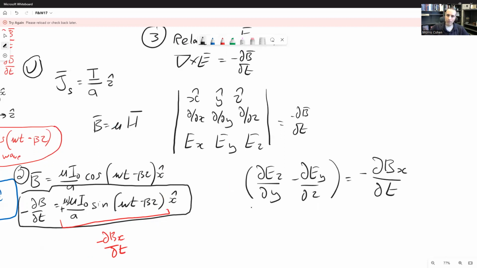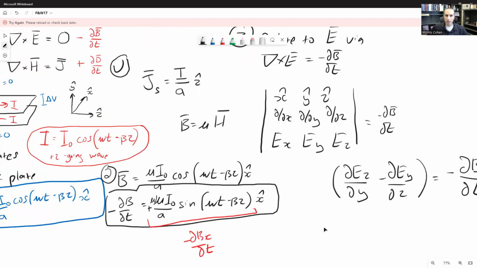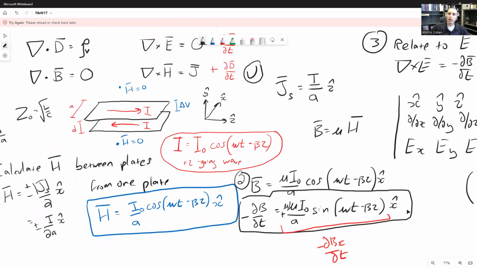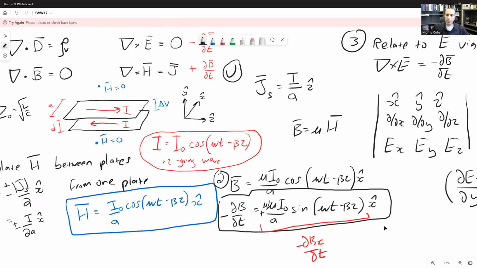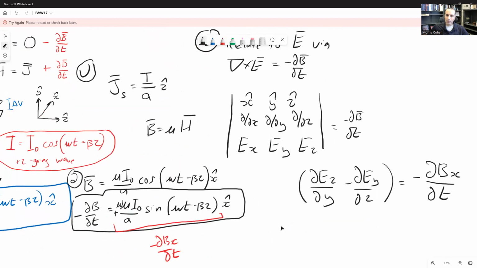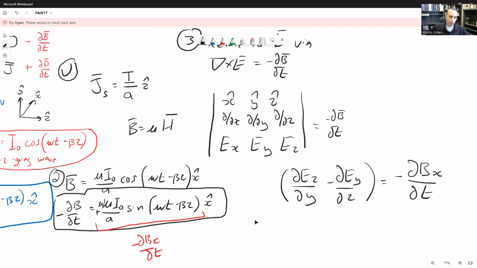But let's take a look at this dEz/dy minus dEy/dz. At this point, we're going to invoke a bit of a symmetry argument, because if we take a look at this right here, there ought to be no electric field in the z component, right? There ought to be no variation in the y direction. And so for that reason, dEz can be assumed to be 0, right?